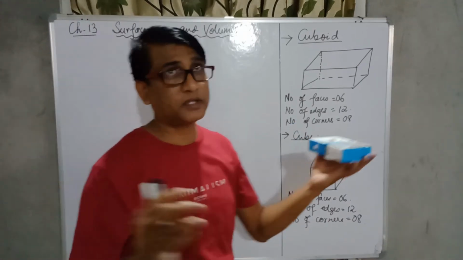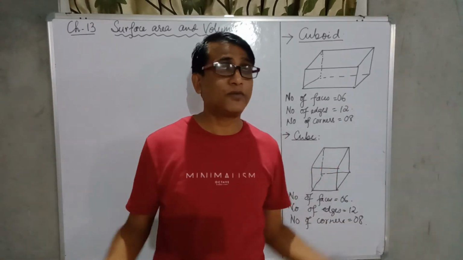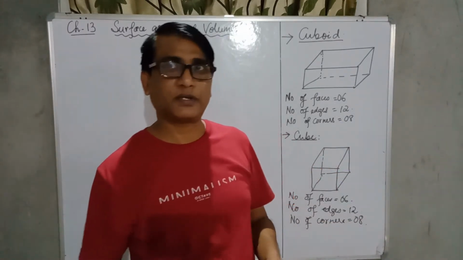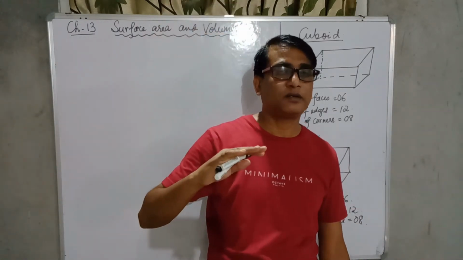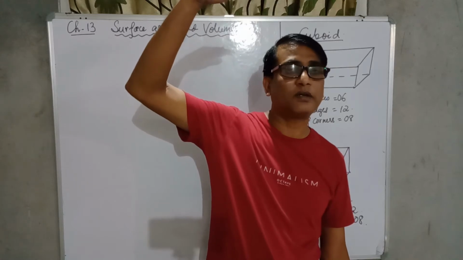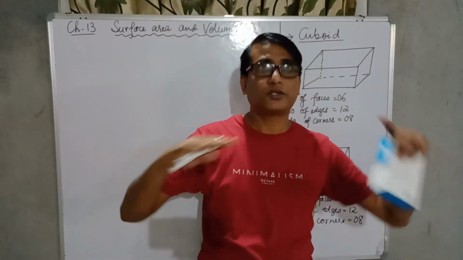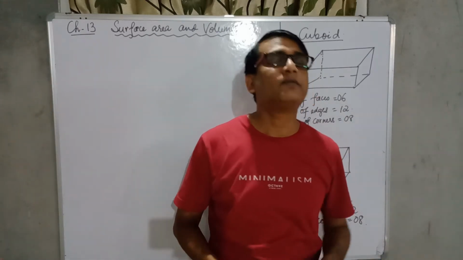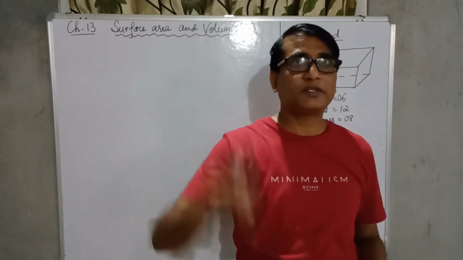We can take the example of the room. The room is a cuboid shape. Here, how many walls are there? 4 walls, 1 floor, and 1 ceiling. Okay. So total 6 rectangles are there. So this room we can take as an example of a cuboid.